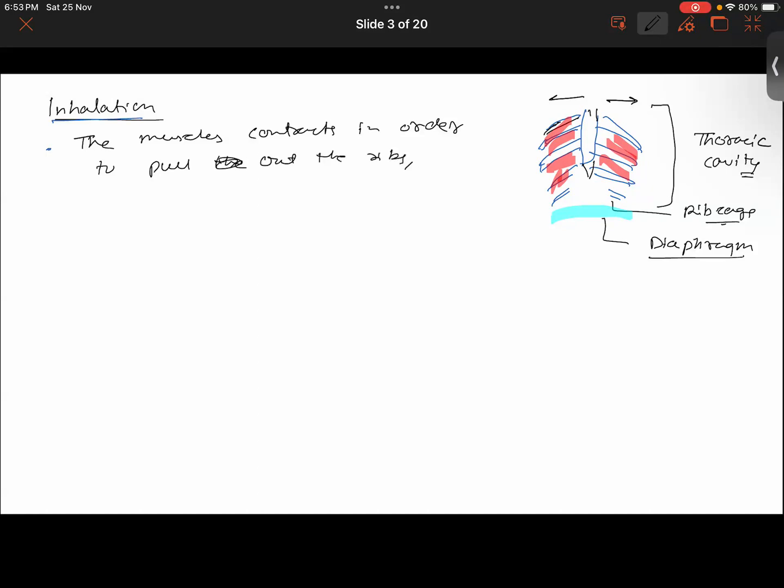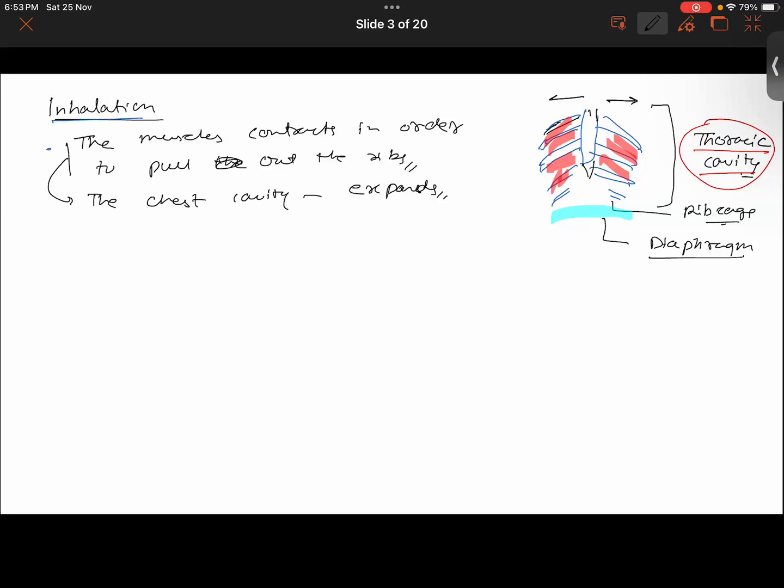So this results in what? What will happen due to this? The chest cavity will expand. So due to this, the chest cavity expands. So thereby we can inhale more air. Hope it is clear.